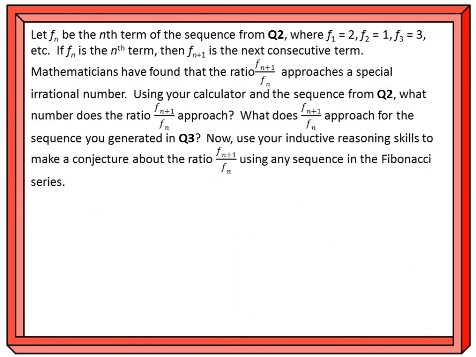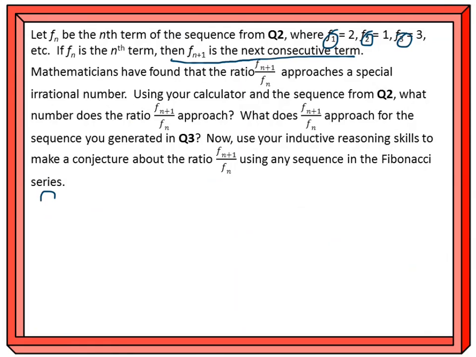Okay. So now the question that a lot of people struggled on, and that was taking ratios of these things. Okay, so it says, let f sub n be the nth term of the sequence from question number 2, where f sub 1 is 2, f sub 2 is 1, and f sub 3 is 3. This means the first term, the second term, and the third term. Okay, so if f sub n is the nth term, then f sub n plus 1 is the next consecutive term.